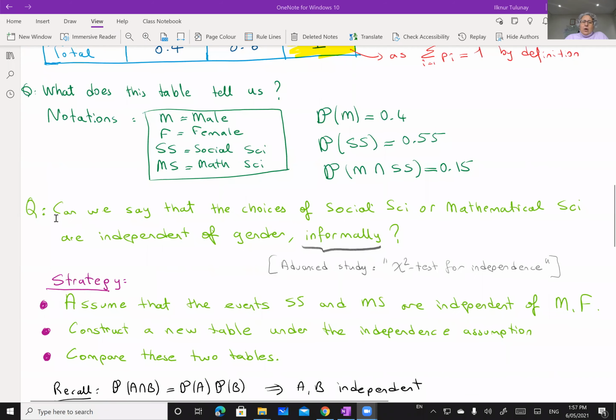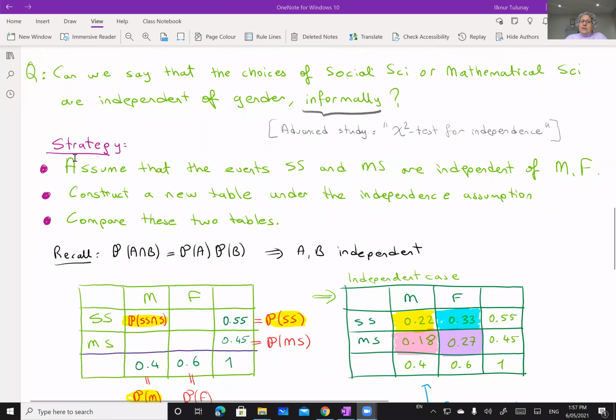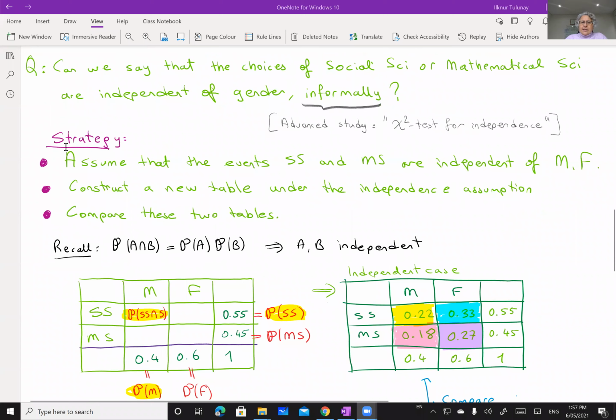Okay, question: can we say that the choice of social science or math science is independent of gender? Informally. In advanced studies, we will see that we need to perform a chi-square test for independency for a contingency table. These kinds of tables are called contingency tables. Okay, first, our strategy in this example: assume that the events SS and MS are independent of the genders, males and females.